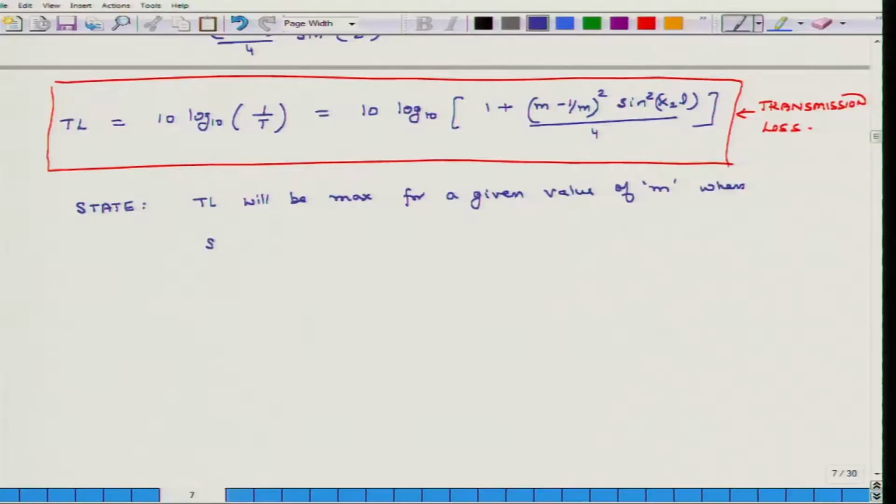When sin square K2L equals 1, because that is the maximum possible value, which means K2L equals pi over 2 radians.